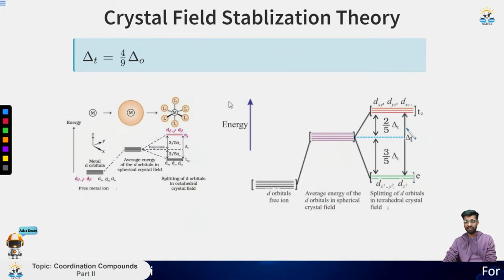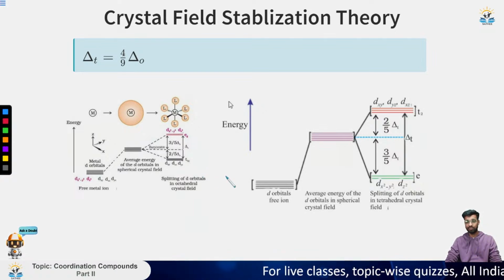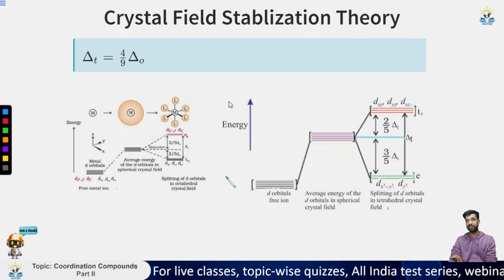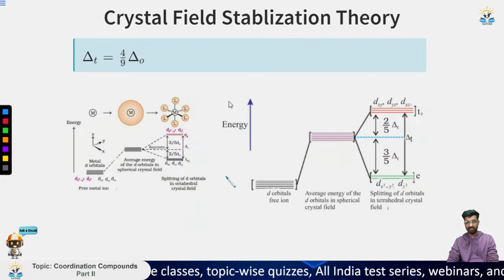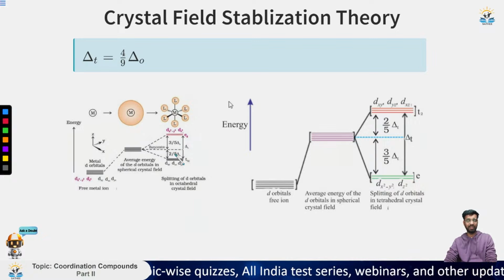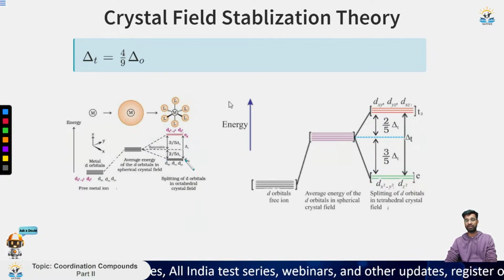This is the delta naught for this splitting. Ligands have a pairing power, meaning if they are weak ligands, their pairing power is low, and if they are strong ligands, their pairing power is high. For a strong ligand, the pairing power is so high that the electrons cannot move from this orbital to this orbital, and pairing takes place, meaning the electrons are paired in the lower orbitals only.